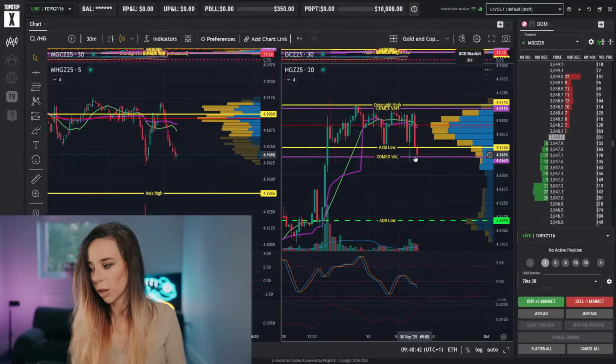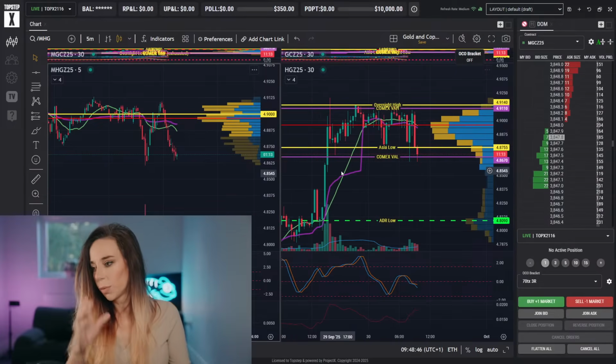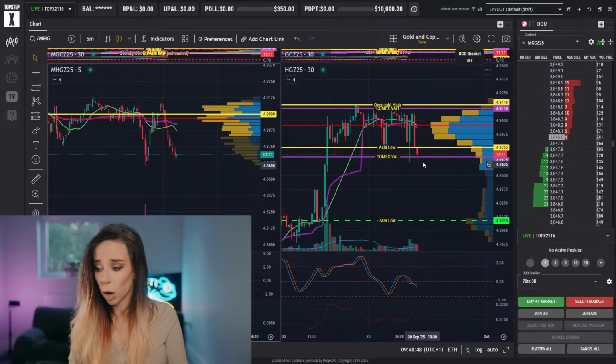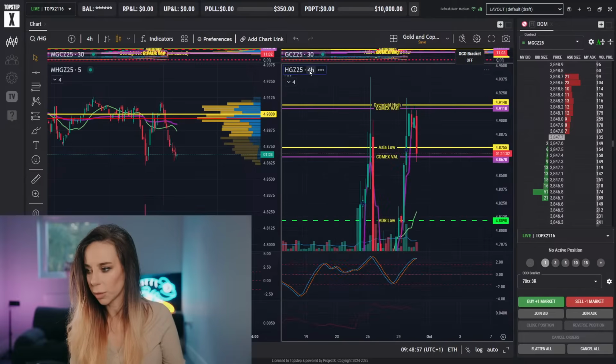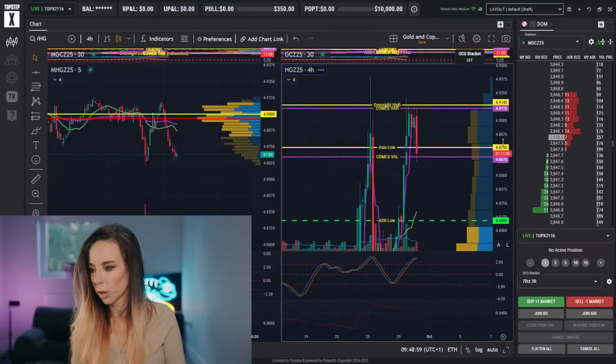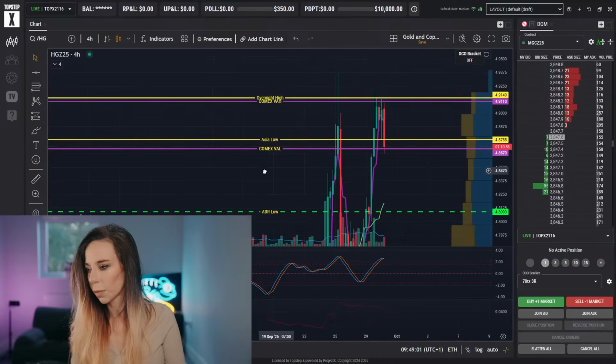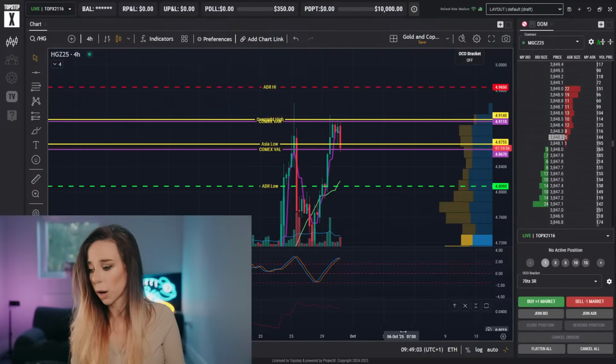And that would mean going basically below the value low, then touching the value low, and then carrying on downwards. There is a swing extreme on a higher time frame that I'm seeing. So here's the swing extreme. Let's make that bigger. This is the 4-hour chart.